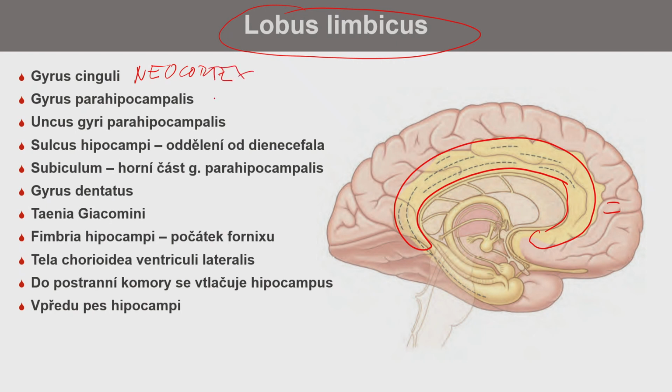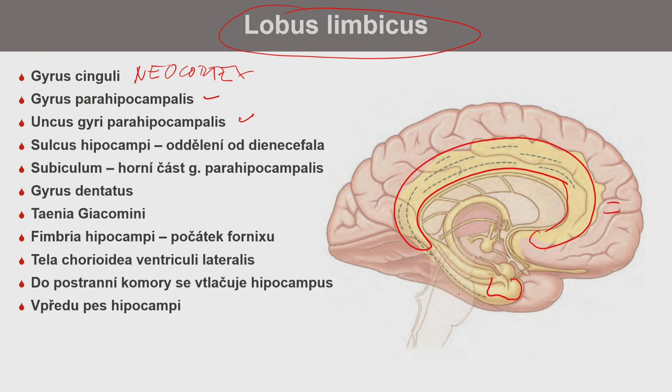Then we have the other parts, and we know that part of the limbic system is the hippocampal formation and the structures around. So it's the gyrus parahippocampalis and uncus, so those are the structures here.